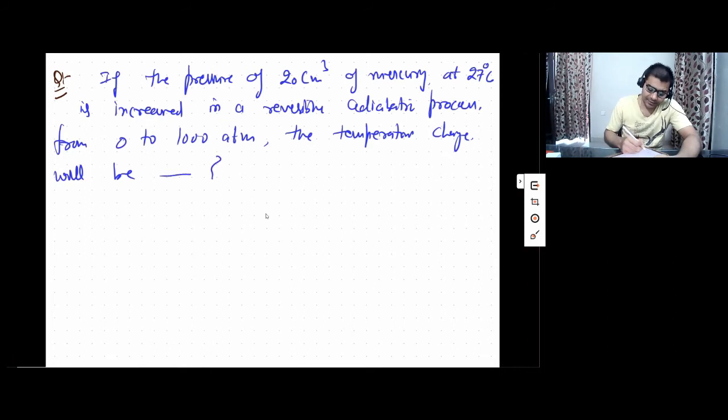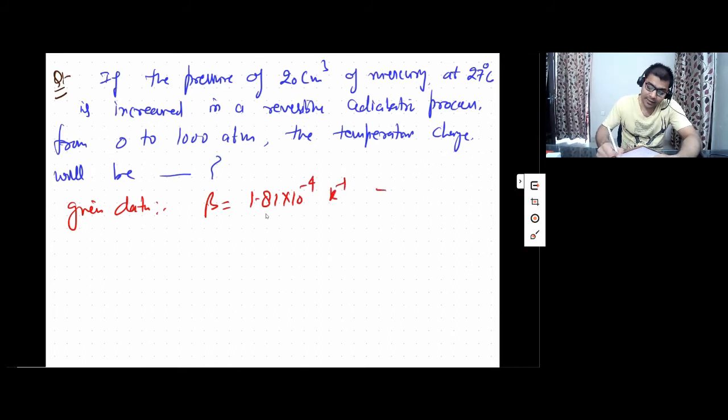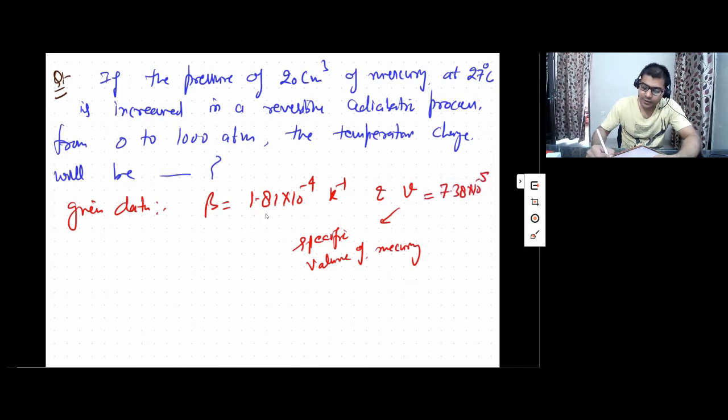The given data is that beta for the mercury is 1.81 times 10 to the power minus 4 per Kelvin, and the specific volume of mercury is 7.38 times 10 to the power minus 5 meter cube per kilogram.